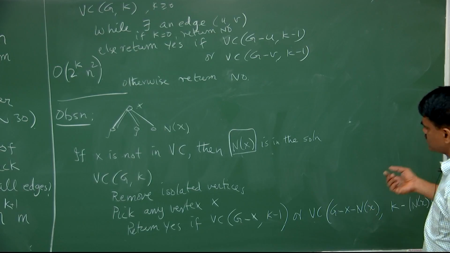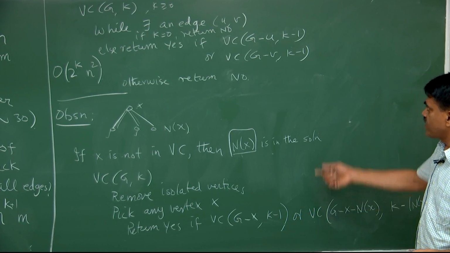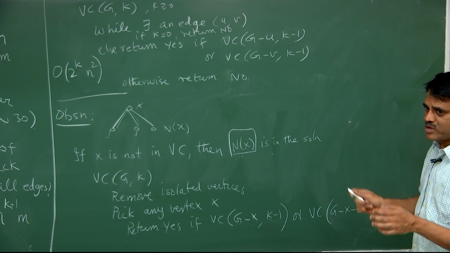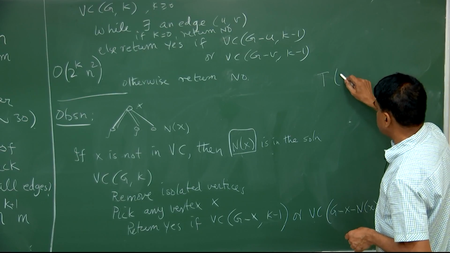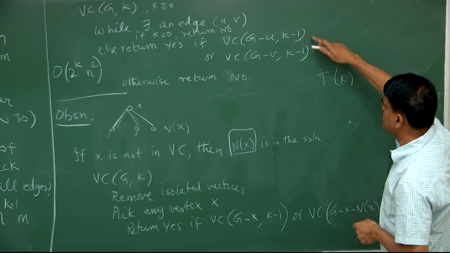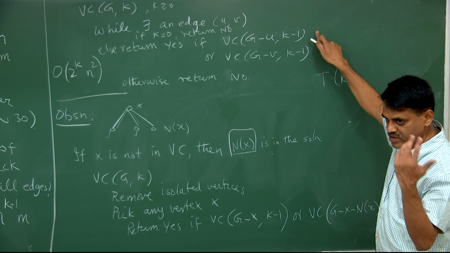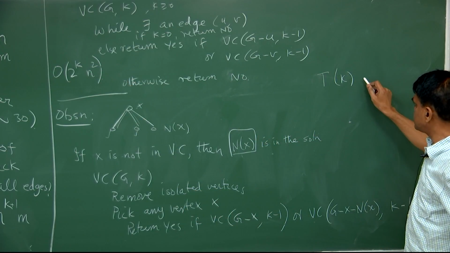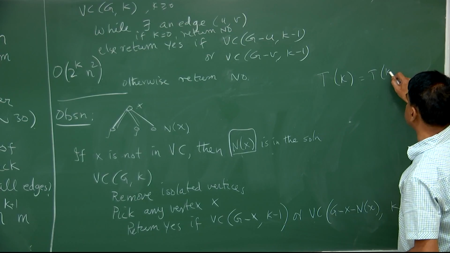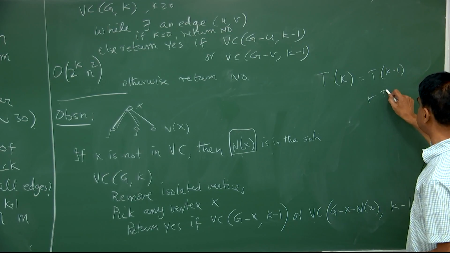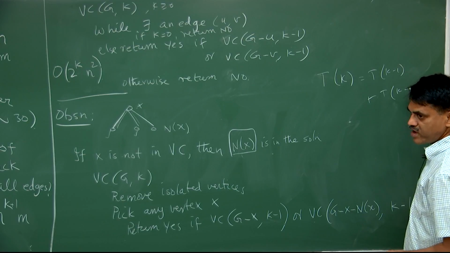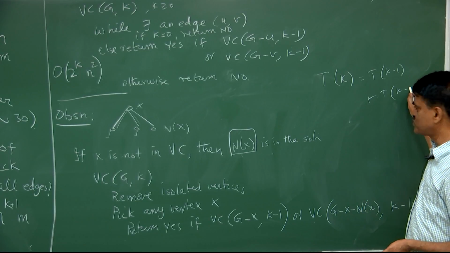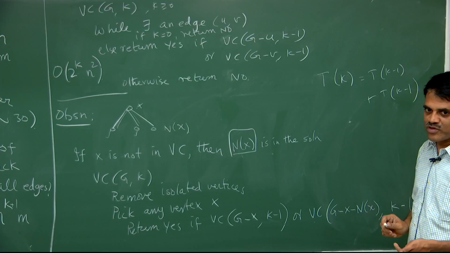So again, focus on k. What happens, right? Like we did here. So two-way branch. Everything else is polynomial time in the input size. So if I write it as T of k, here it was 2 times T of k minus 1, so that gave us 2 power k times some polynomial in the input. So here, in this branch it's T of k minus 1, in this branch it's T of k minus the degree of x, which can be as bad as 1, so that also gives you k minus 1.